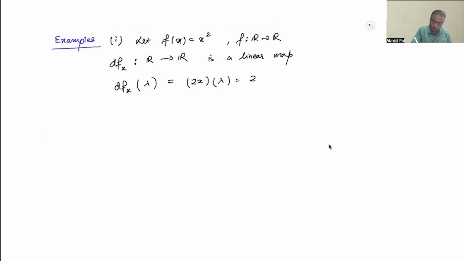So df_x(lambda) is 2 lambda x. This is a linear map.